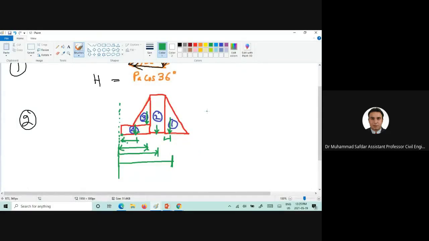So for one, what is H and what is B? H is 6. And how about the B, the width of this portion? 1.05.